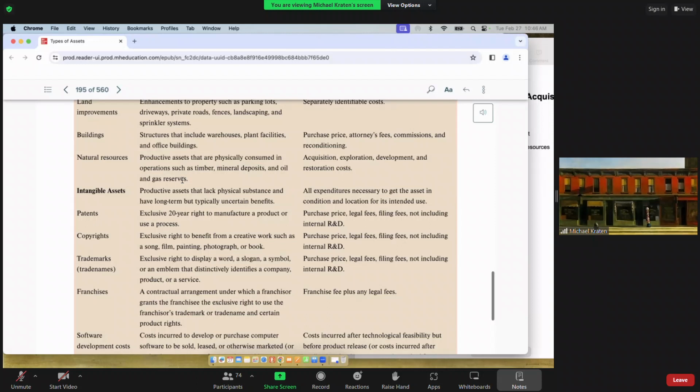They are tangible, they are assets. If I'm going to use them in my own operations, they are fixed assets. If I'm going to use them only to sell them, then they are inventory or investments.